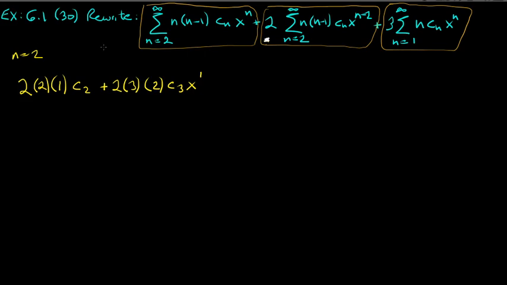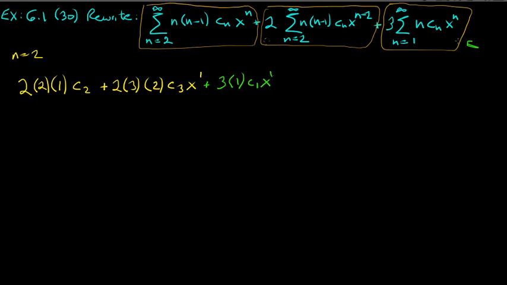Oops, sorry. So what happens then with the third series? Well, we start at x to the 1. So for the last term, what do we have here? We have 3 times 1 times cn, which is c1, times x to the 1.